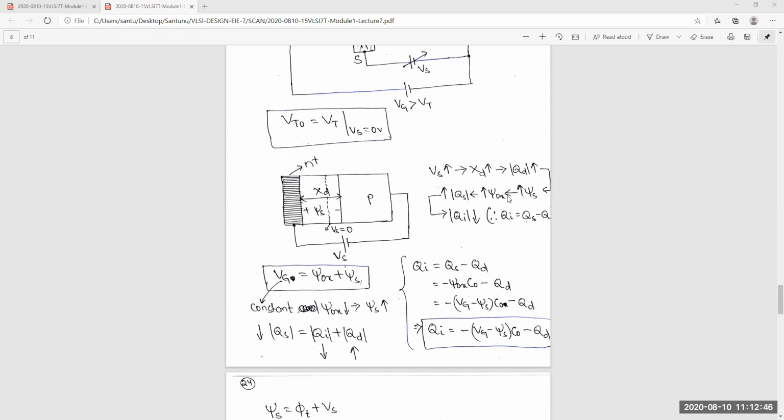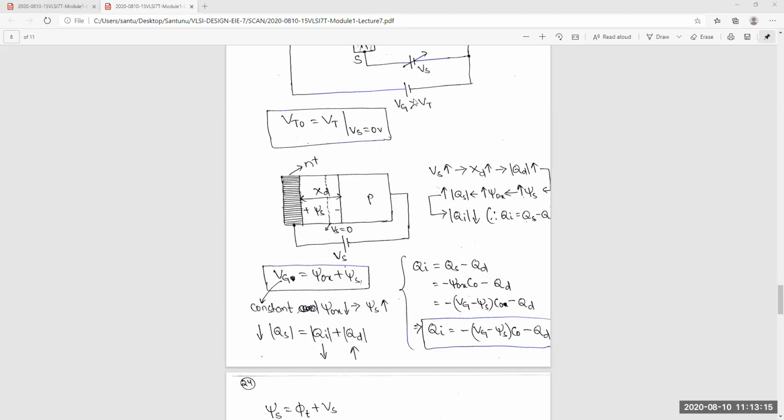Now surface potential increases. Now the phi OX, one minute. That surface potential increases, it's clear. But phi OX, I'm wrong here. Actually, this phi OX decreases. Why? Because Vg is constant.